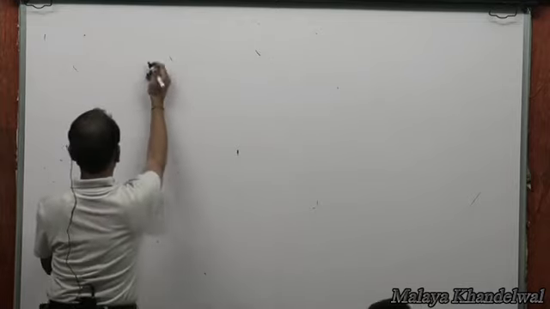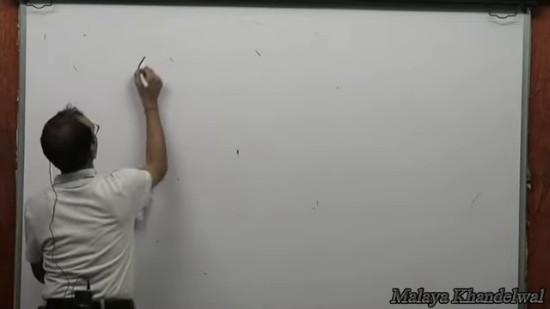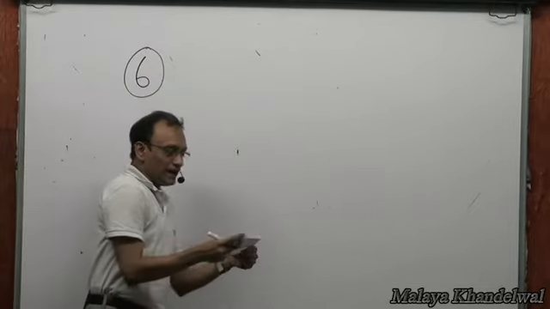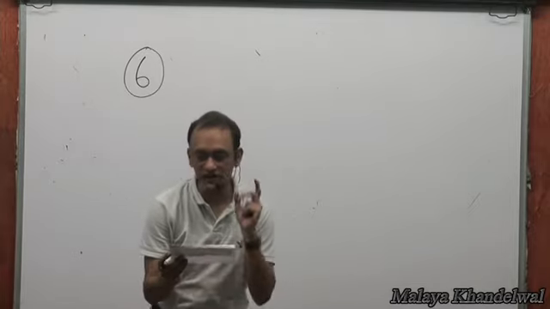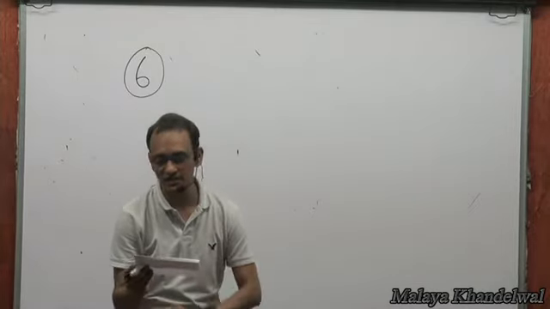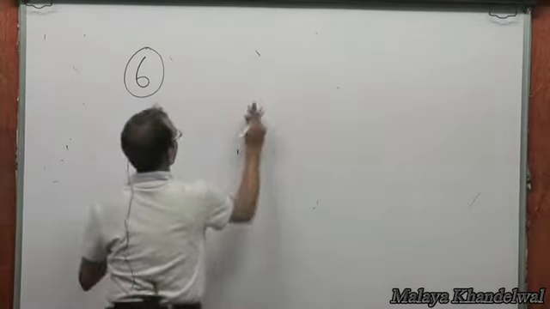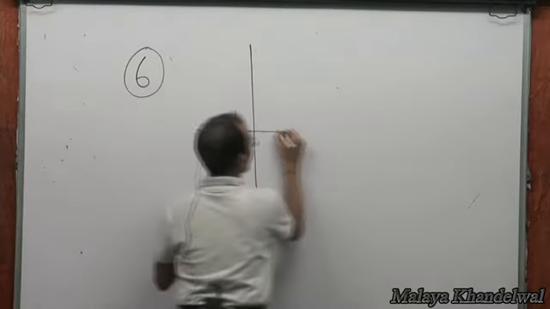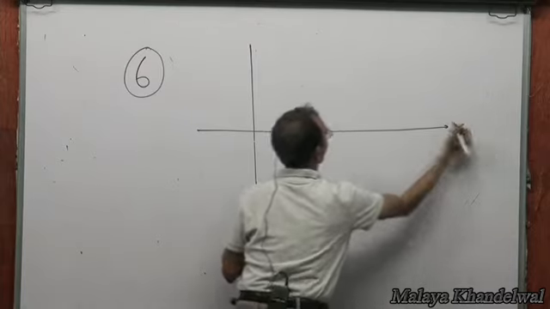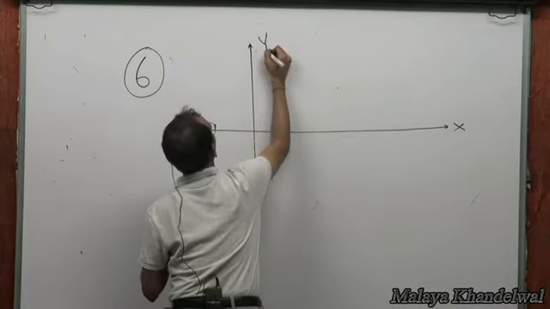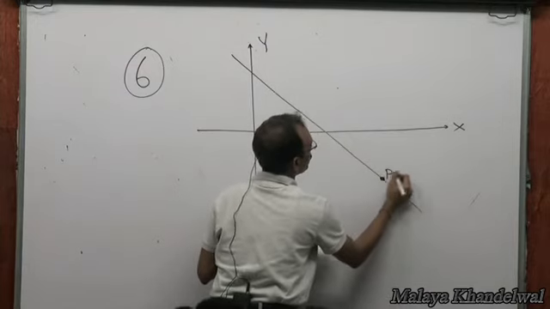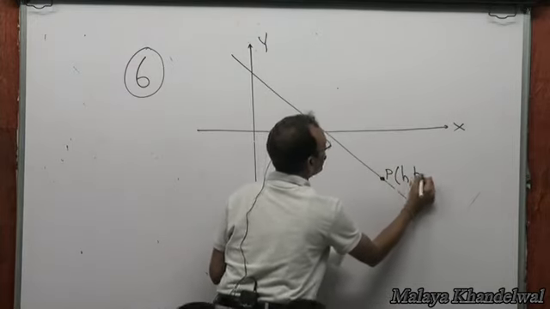Look at number 6. A line is drawn through a fixed point H, K cutting the coordinate axis in A and B. There is a line passing through P. How many lines can pass through P?